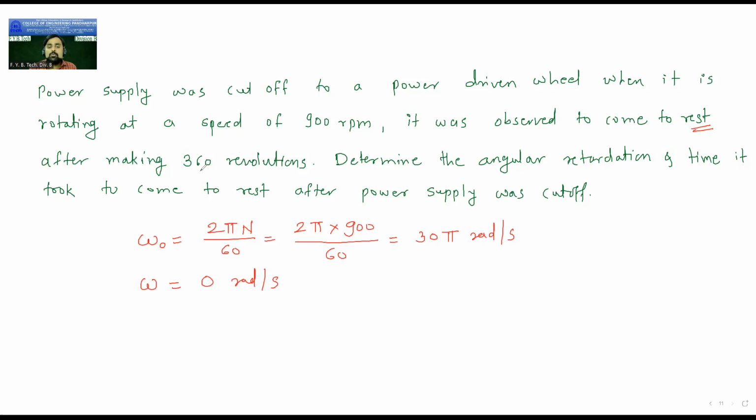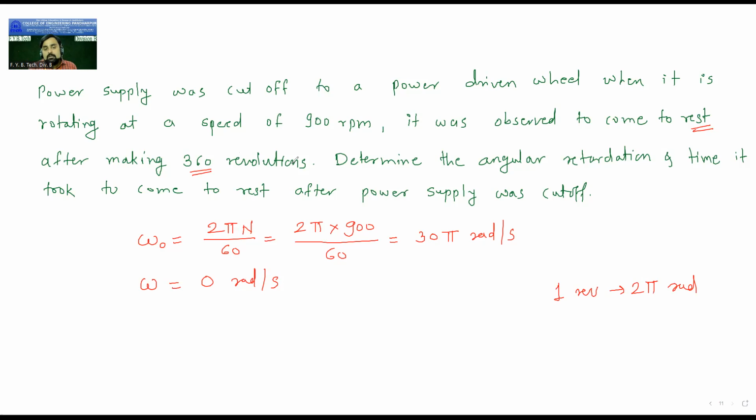How many revolutions are given? 360. Look here, one revolution is nothing but 2 pi radian. Always remember that theta must be in radians. Whenever you are using these three equations of angular motion, always put the value of theta in radians only.